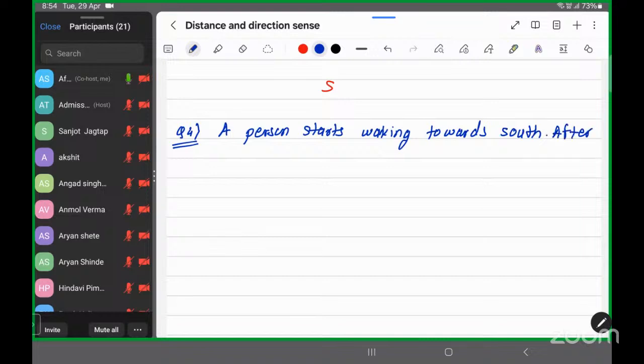After walking 15 meters, he turns left and walks 20 meters.